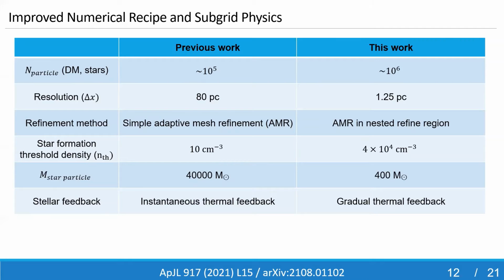And also we changed the star formation threshold density in the stellar feedback physics to resolve star formation well. And also the star particle mass has changed a lot, which means we resolve star clusters better.